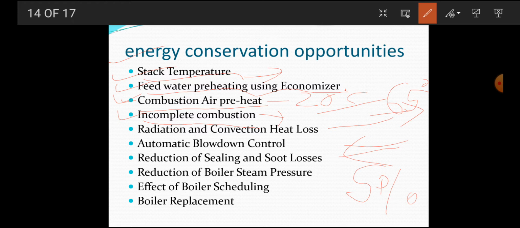And if there is excess air, then the combustion can also take place incompletely due to poor distribution of fuel. So with coal firing, unburnt carbon can comprise a big loss.